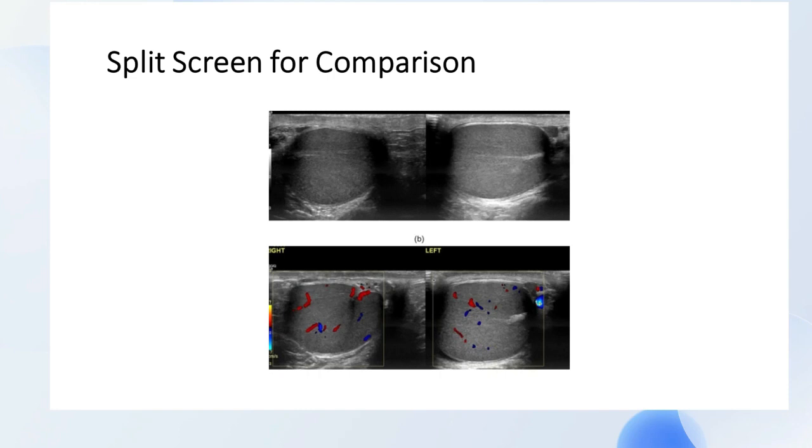So it's almost comparable. In case where there is hyperperfusion, when the testicles are side by side, it's very easy for you to see that there is a pathological entity, or there is a testicle that is hyperperfused or hypoperfused, when you are comparing to the next. So dualization is a good practice when you want to image structures which are dualized, like the testicles.